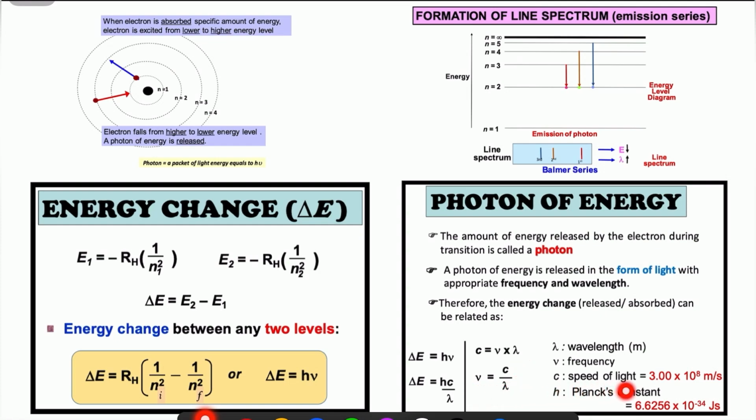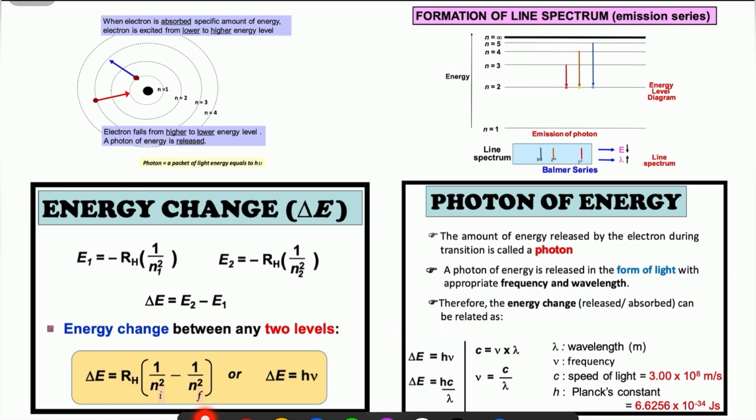C is the speed of light, with the standard value of 3.00 times 10 to the power 8 meters per second, and the wavelength, lambda, must be in meters. H here is the Planck constant, and this is the value of the Planck constant. So if you use this formula to calculate the energy difference, the value is always positive.